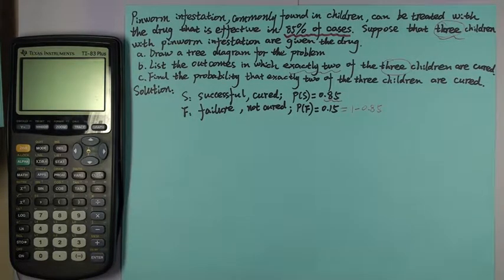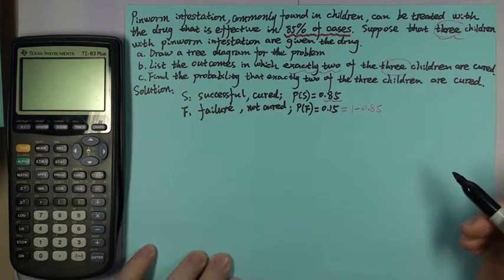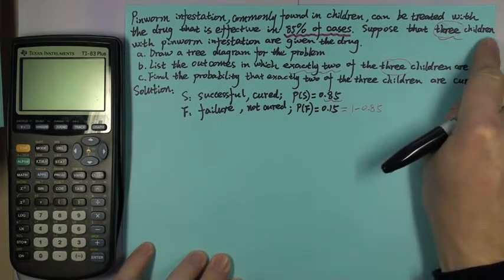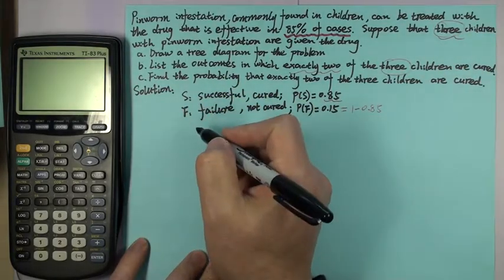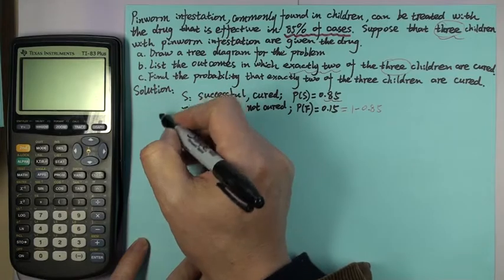Okay, so now, with those things in our mind, we are given 3 children right here. So then, how does the diagram look like?